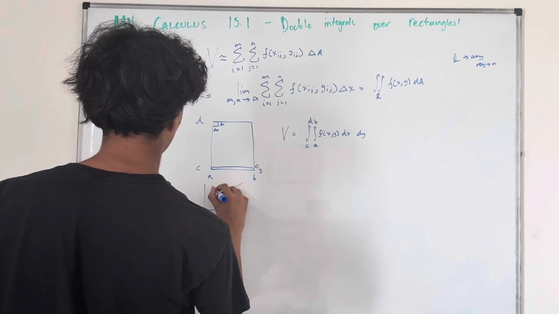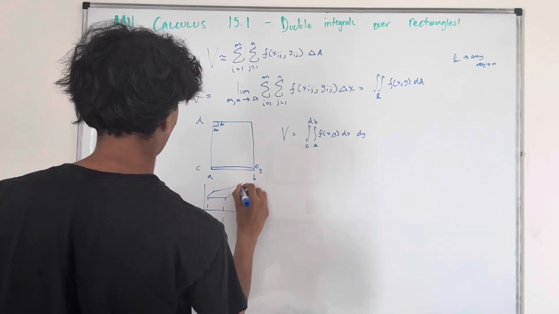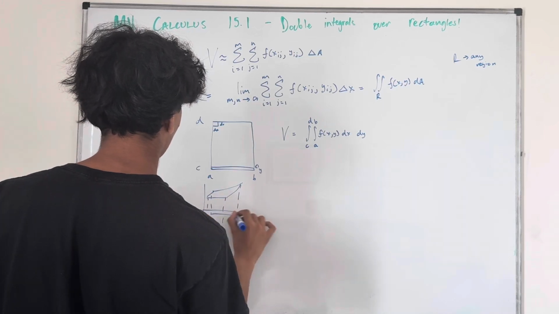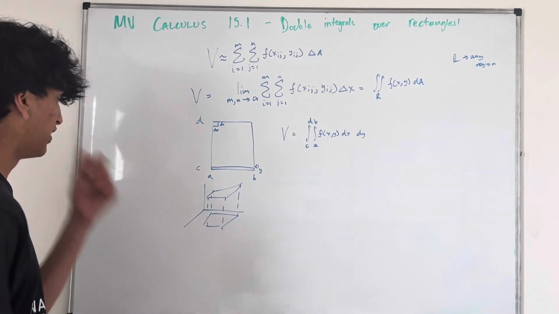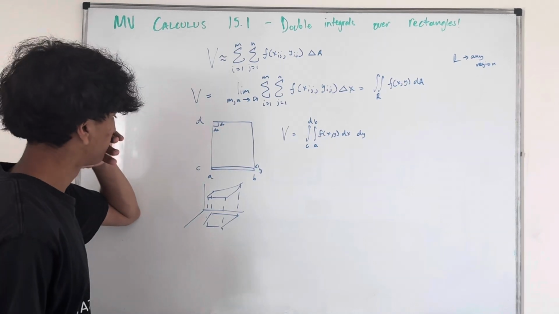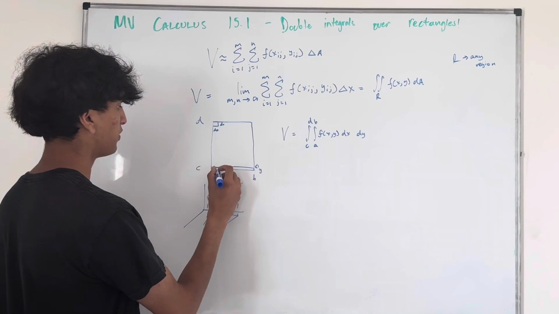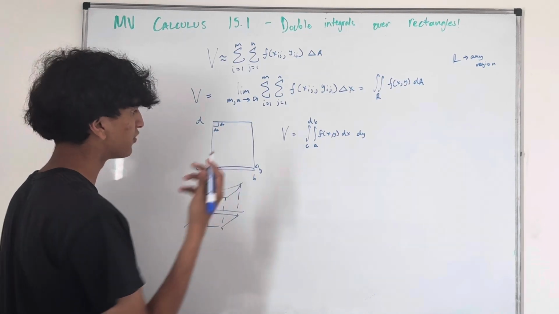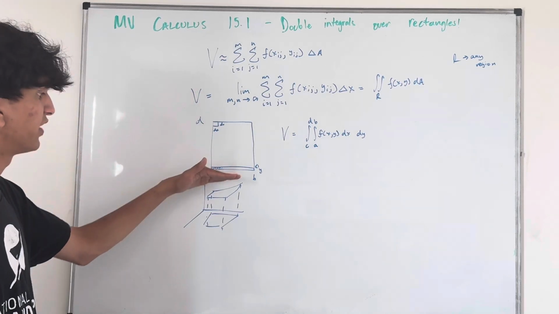If I had some surface, or whoops, okay, this is a terrible rectangle. But the idea is that it's like you're taking the volume of this sliver, not even a volume, it's more like an area, right? You're taking like the cross-sectional area.